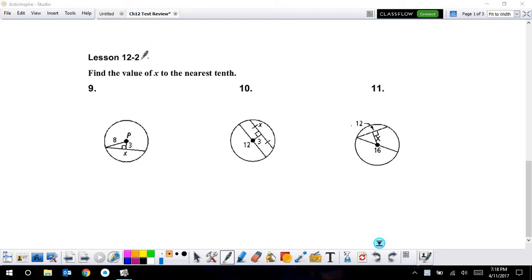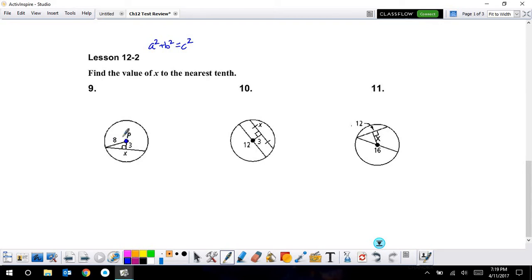So looking at number 9, one of the things that you had to remember here is Pythagorean theorem again. So you have a squared plus b squared equals c squared. Again, that's when you were dealing with sides. You always had one chord here. So in this case it's x. In this case, x is half the chord. And in the case of number 11, the chord was 12. And then you always either had a radius that was drawn in, so maybe it's already formed a triangle.